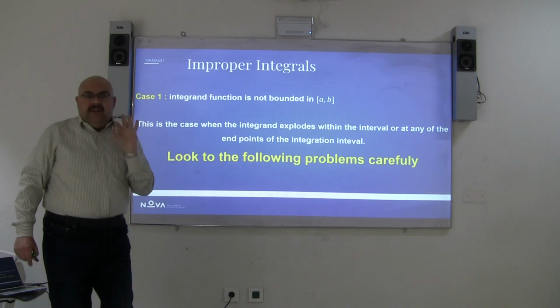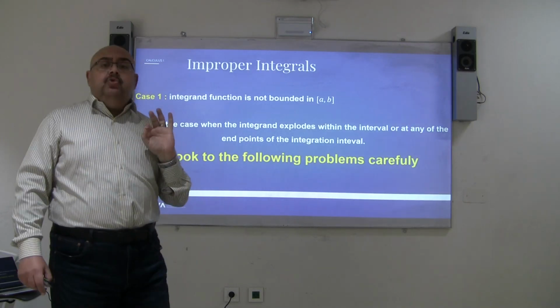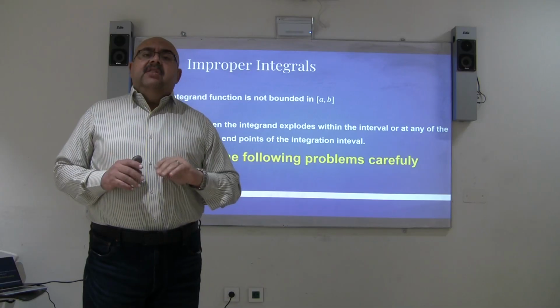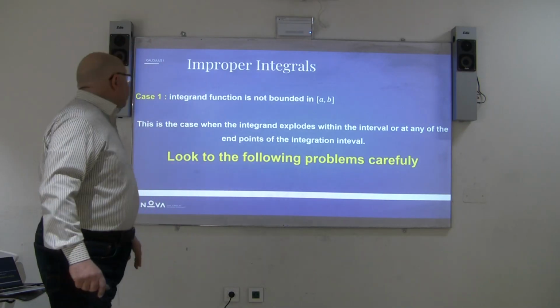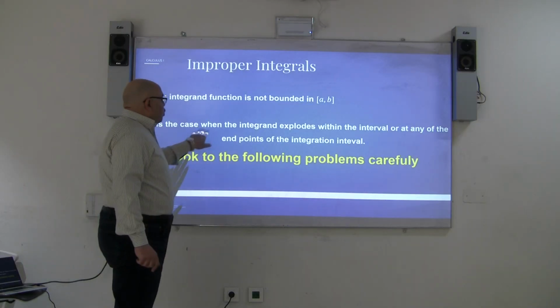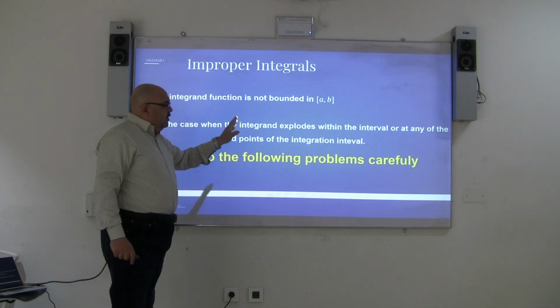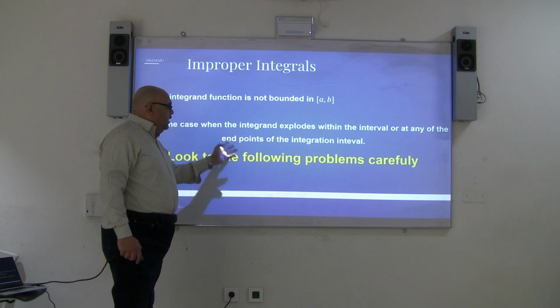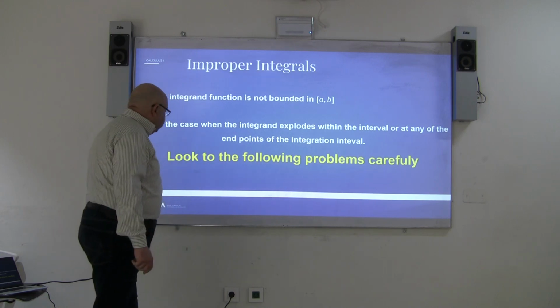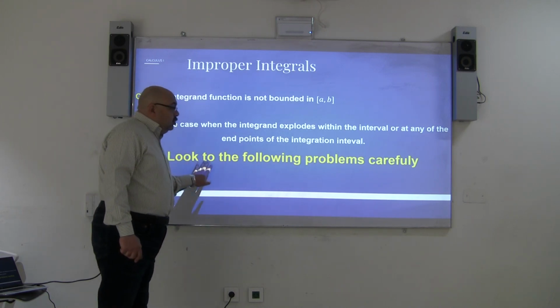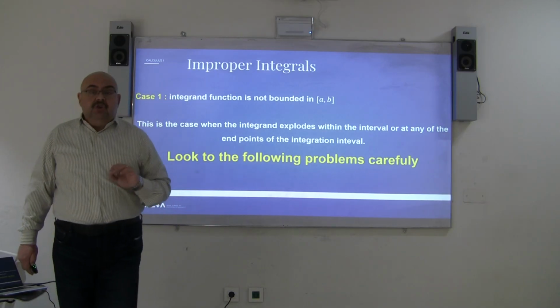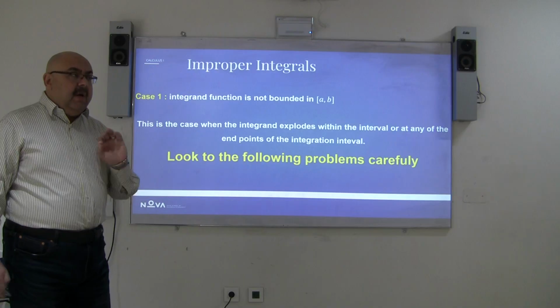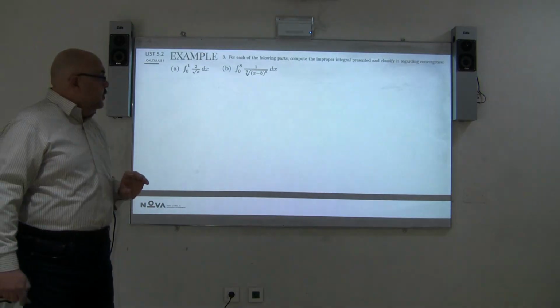There is a singularity point, or a point at which we usually say that the integrand explodes. Okay? So in this case, the integrand explodes within the interval or at any of the endpoints of the integration interval. So I want you to take a good look at the problems that we will go through. Each one of them conveys a message and tells you how to deal with it.